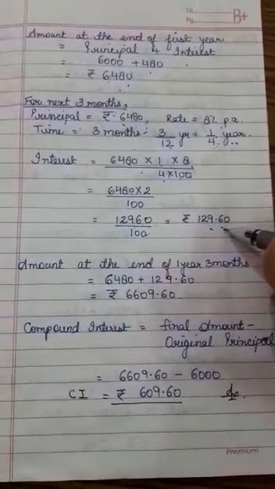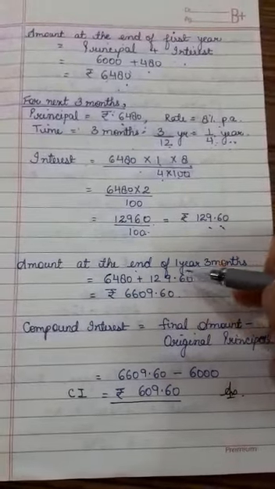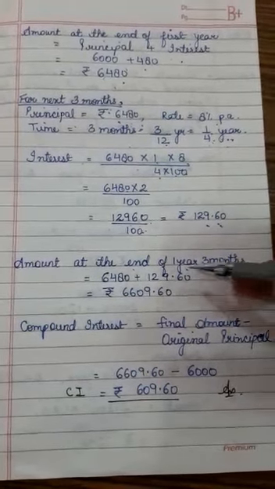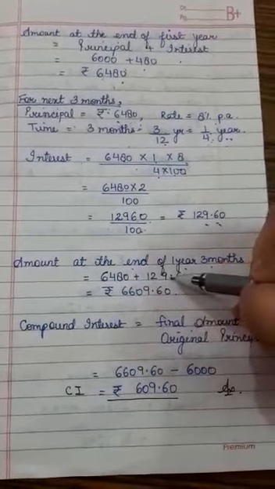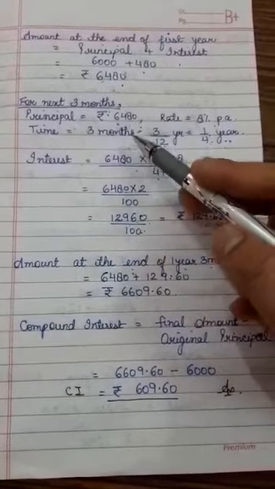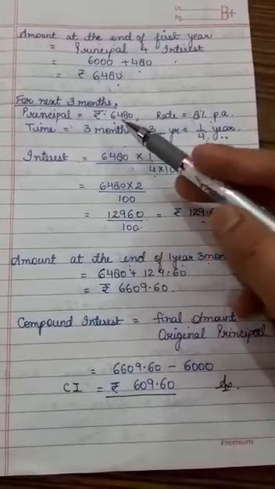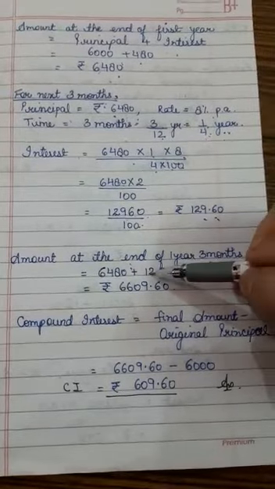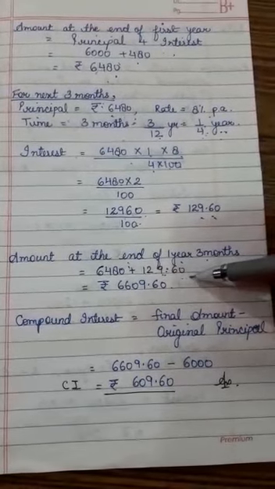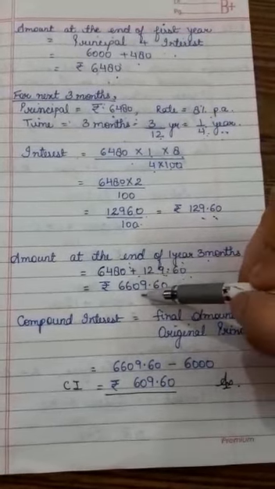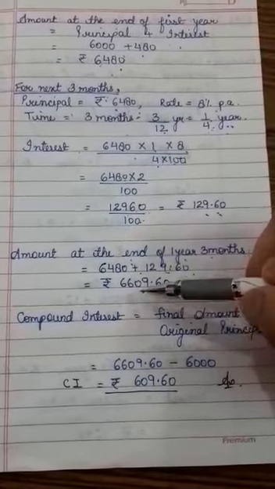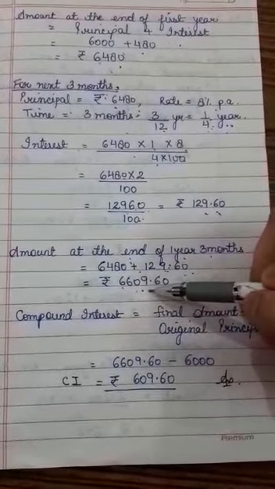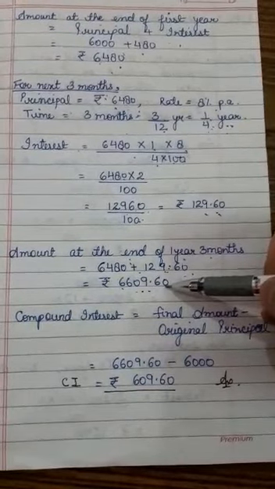Now this is the interest. The amount at the end of 1 year and 3 months will be principal plus interest. Principal for that particular 3 months is 6,480 plus rupees 129 and 60 paise. After addition, the amount at the end of 1 year 3 months is 6,609 and 60 paise.